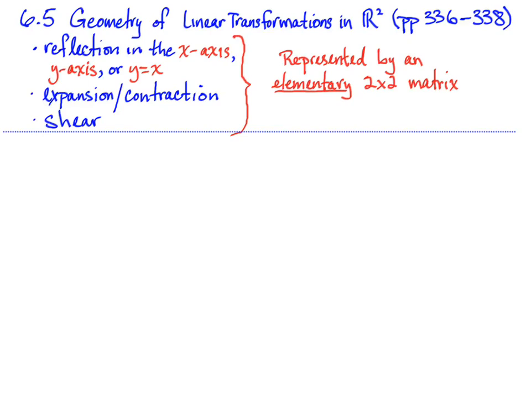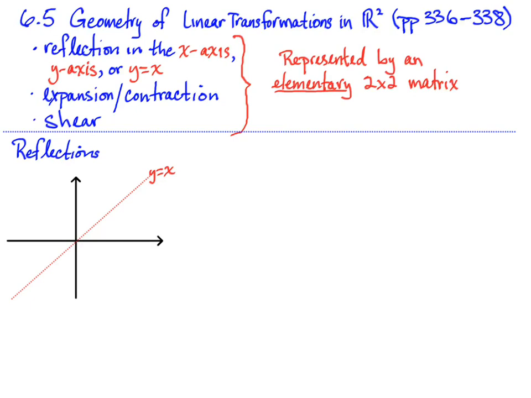So we're going to talk about reflections in this video. The 3 basic reflections are across the horizontal axis, the vertical axis, or the line y equals x. Well, we've looked at the third type before, and I'm just going to remind you what that looks like. Reflecting across the line y equals x, taking a vector with components v1, v2.